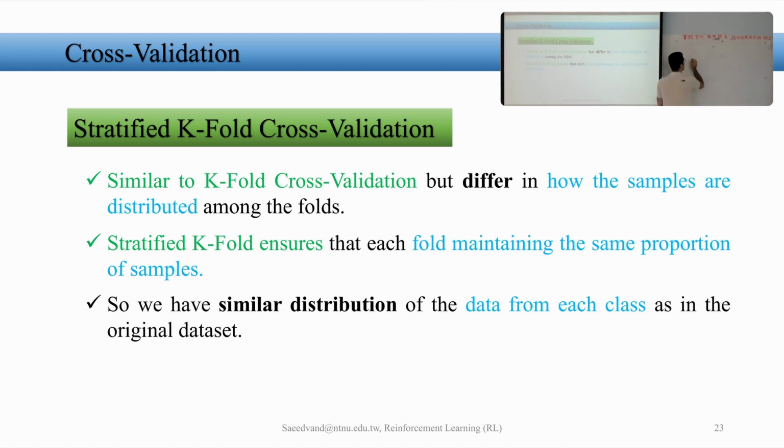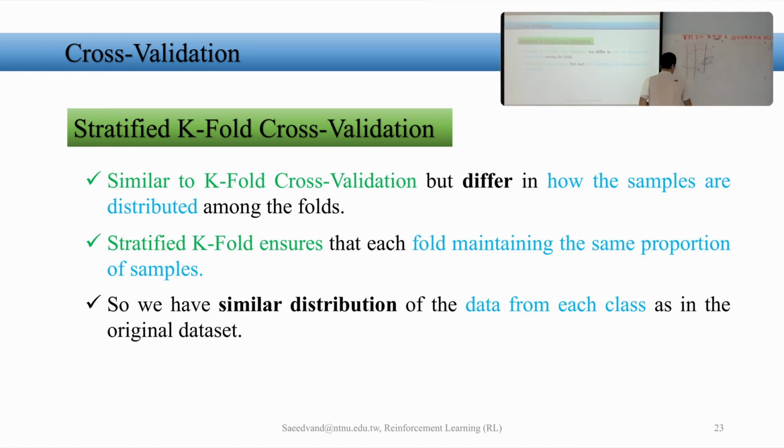If your data is like this, a lot of these red points are in one class of your data, and you have a second one like this. In k-fold, it just says divide into k folds. So when you divide it like this, one of the folds has lots of these and one of the folds doesn't have any, right? This is not a good distribution of data.